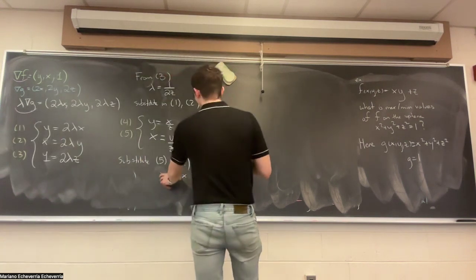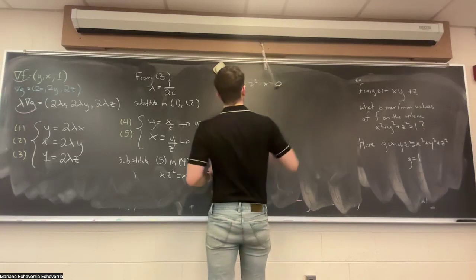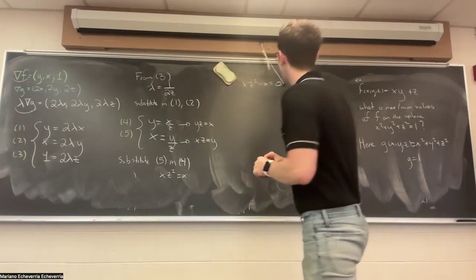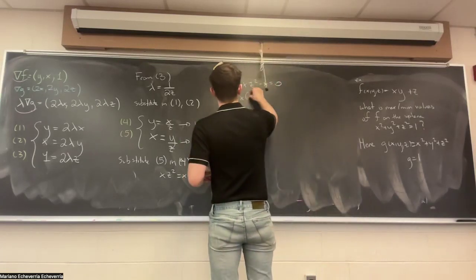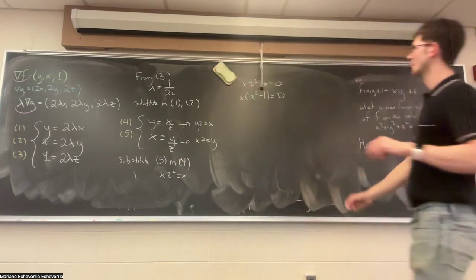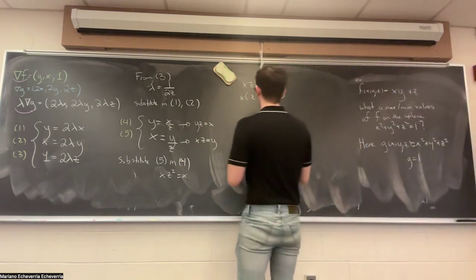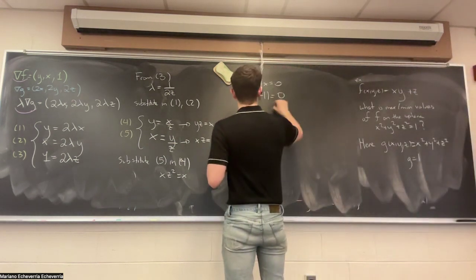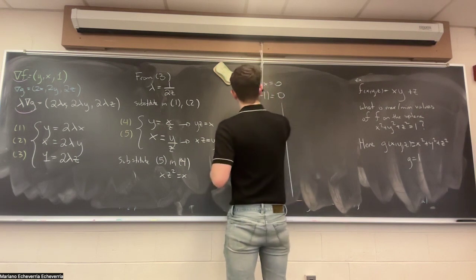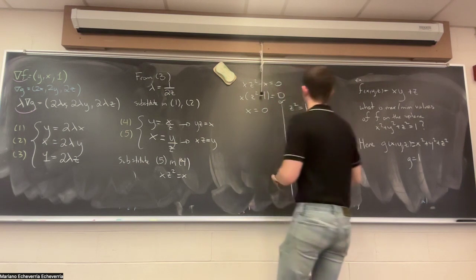A better way to think about this equation is as x z squared minus x equals 0. Move everything to one side, and then you can say this is x times z squared minus 1 equals 0. That gives you two possibilities: x equals 0 or z squared equals 1.